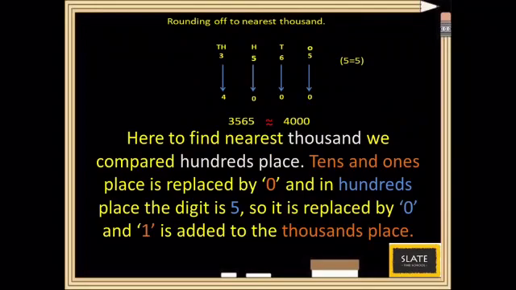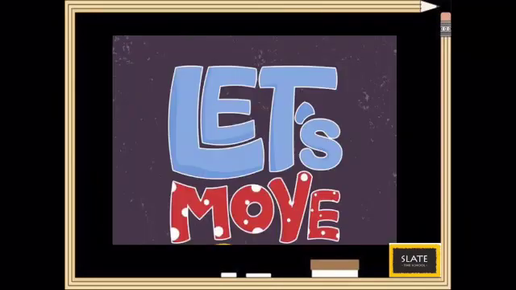Tens and ones places are replaced by 0 and in the hundreds place the digit is 5. So it is replaced by 0 and 1 is added to the thousands place. I hope you all have understood the rounding off concept, Slaters. Shall we move on to learn another interesting concept of forming numbers, children?